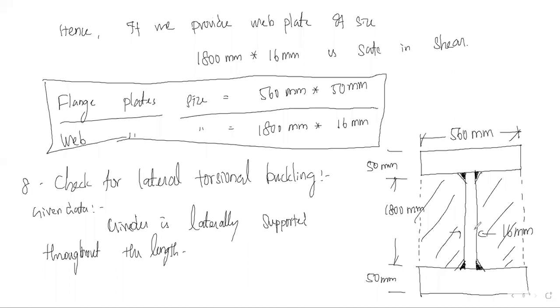So the next step we should move on to is the ninth step, that is flange to web connection. Here it is a welded plate girder, so we are going to use weld.